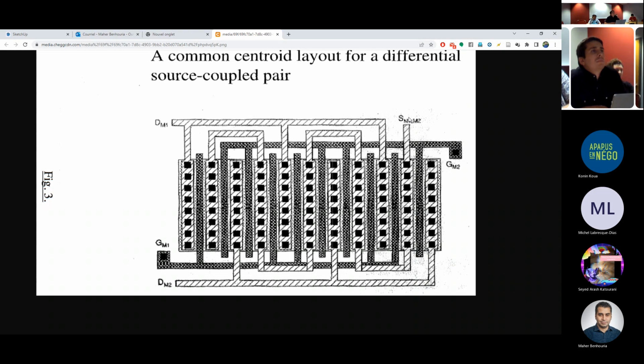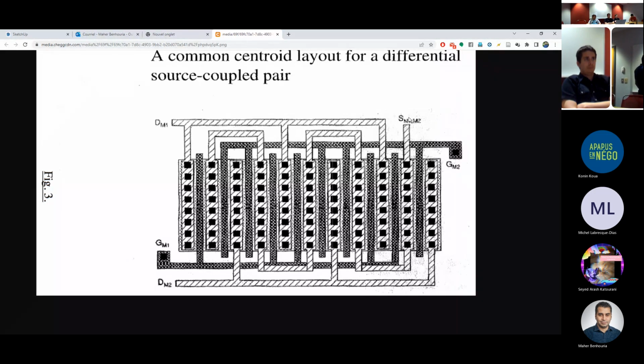Okay, so we put now your contacts. Now D1, this is D1. These are your contacts, and this is D2. We put the dummy here, and then you have the other side too, because of the well proximity effect, the length of diffusion.